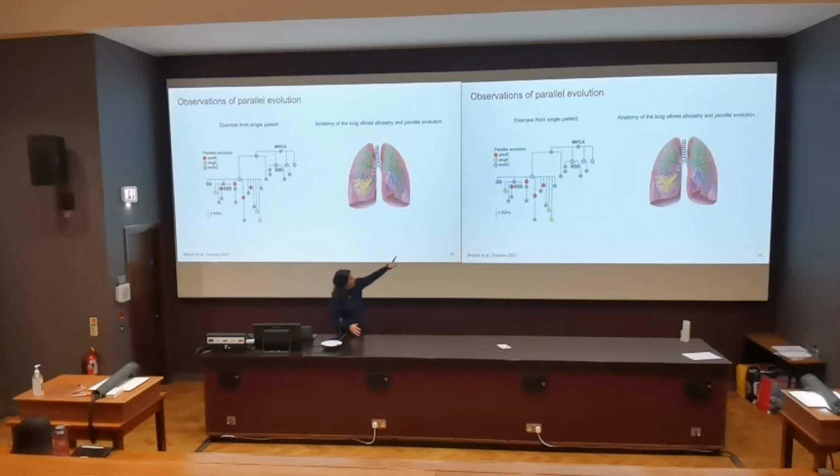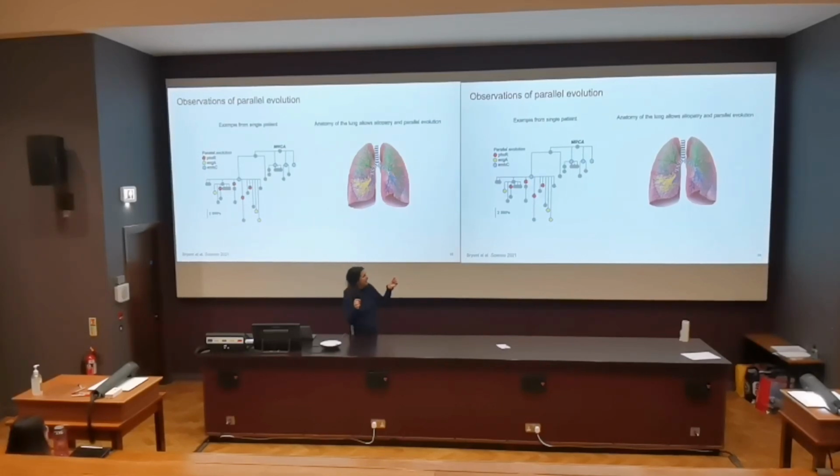And so in this example, when you have the red dots, it's that in 4 different lineages, 4 different non-synonymous, so amino acid changing, mutations happened 4 different times within the same person. And they're not happening on top of each other, so it's not an accumulation of variants, they're happening independently.